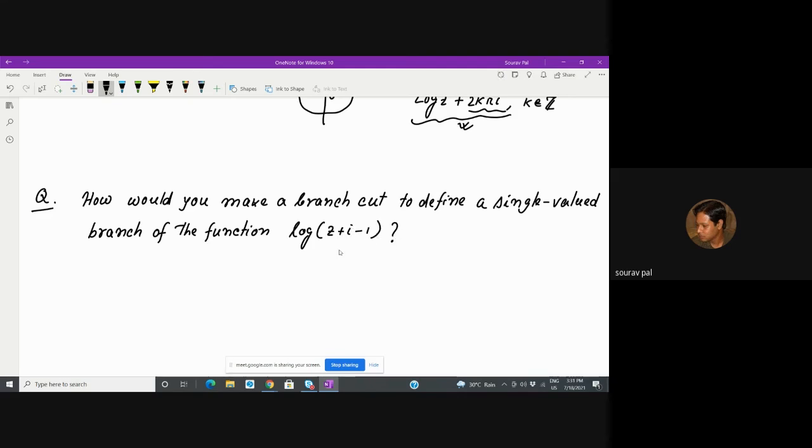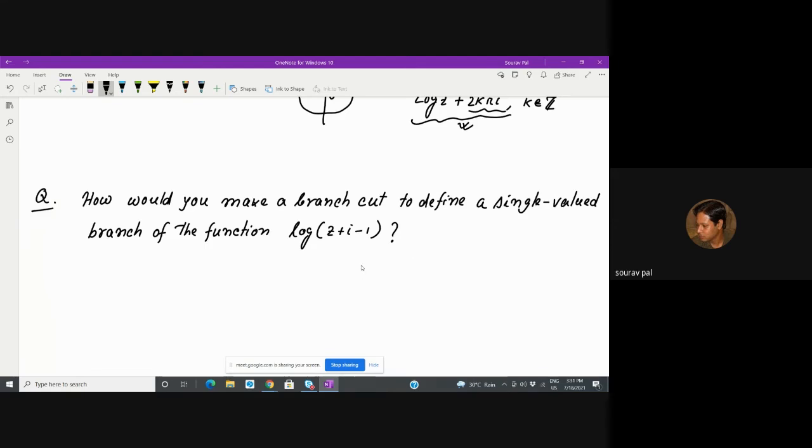You see, this is a composition of two functions. If you call f(z) to be z plus i minus 1, then this is a composition of the logarithm and the function f. Nevertheless, you just think about it. The algorithm is the same.